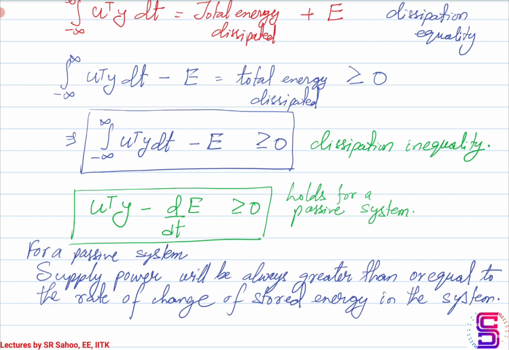Okay, so this is what will always hold for a passive system. So essentially, if for a system you see that the supply power is always greater than or equal to the rate at which the stored energy is changing, then that system is termed as a passive system. Okay, if there is no energy storage element, then the supply power has to be positive.